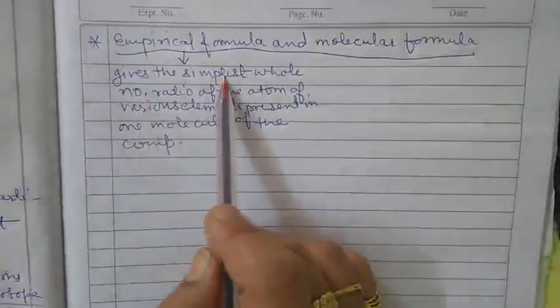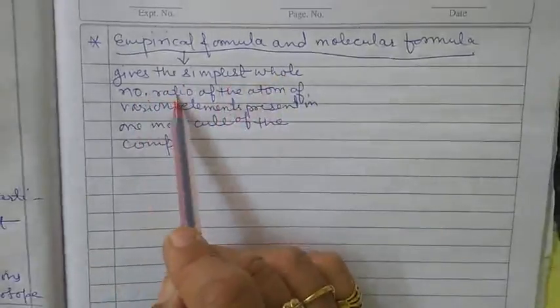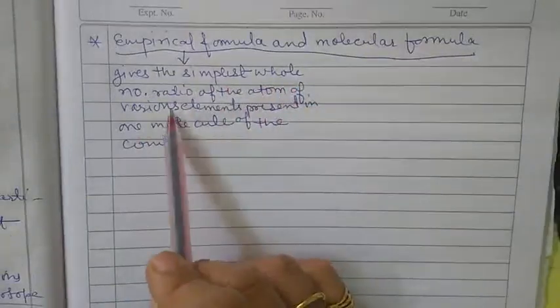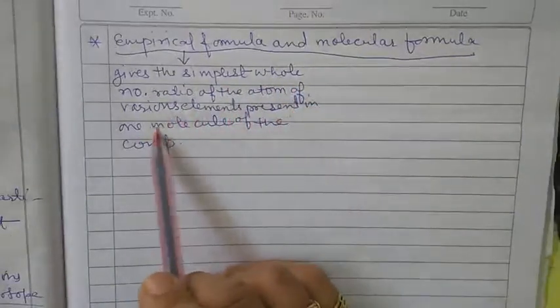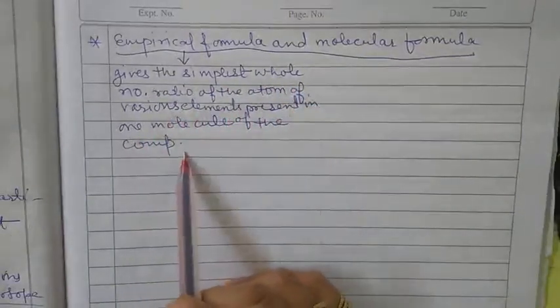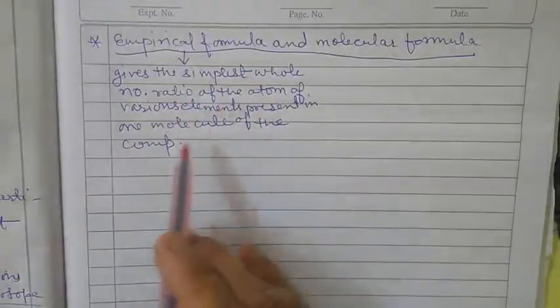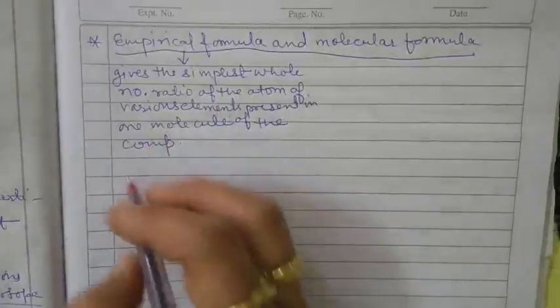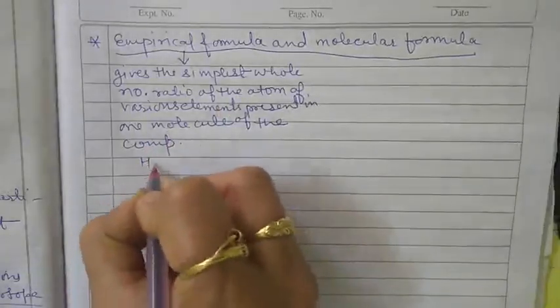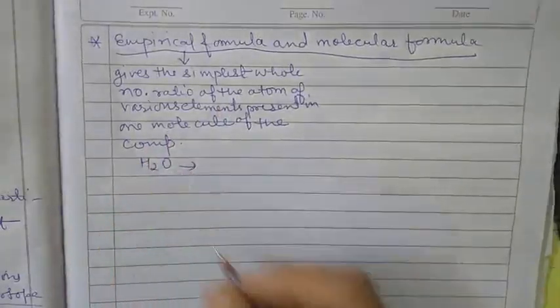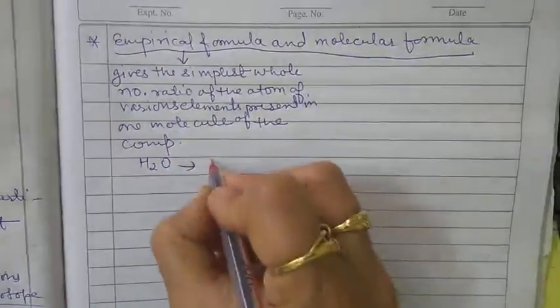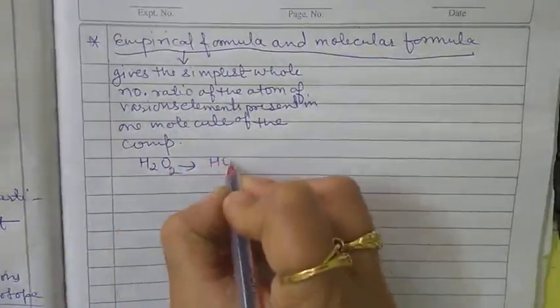It gives the simplest whole number ratio of the atoms of the various elements present in 1 mole of the compound. This is called the empirical formula. Clear? For example, the empirical formula of H2O2, that is hydrogen peroxide, is HO.